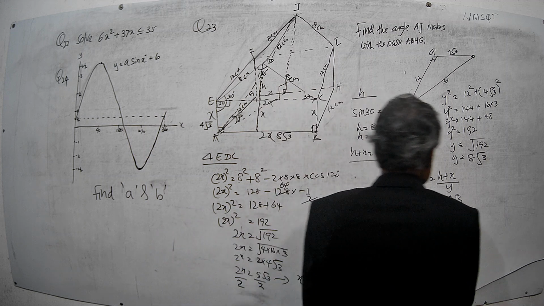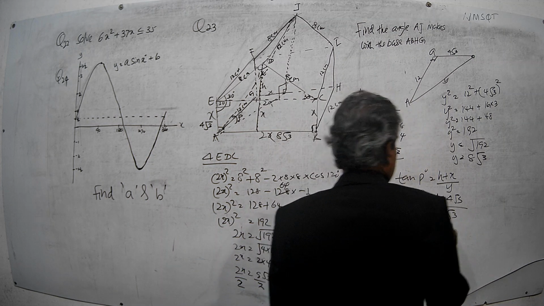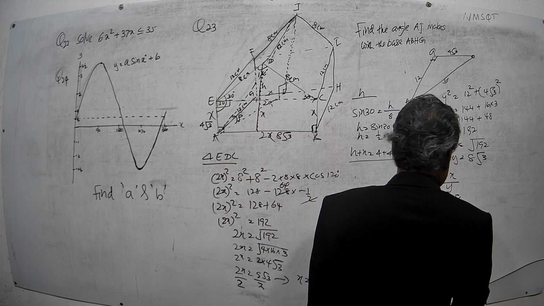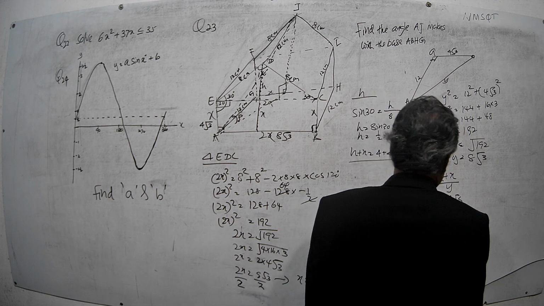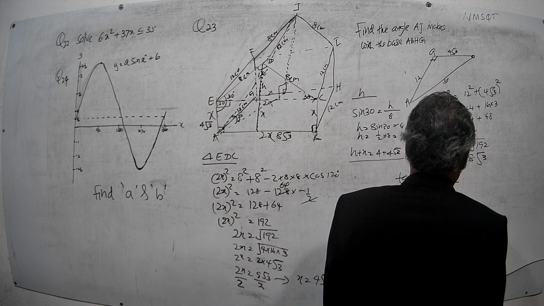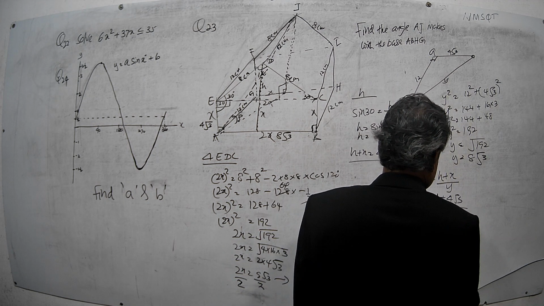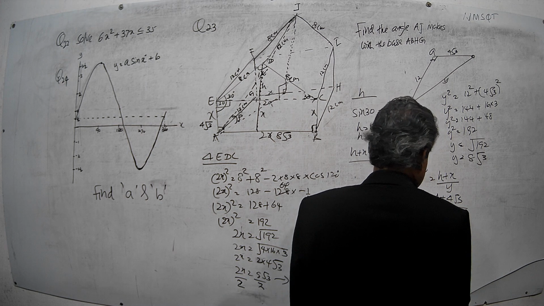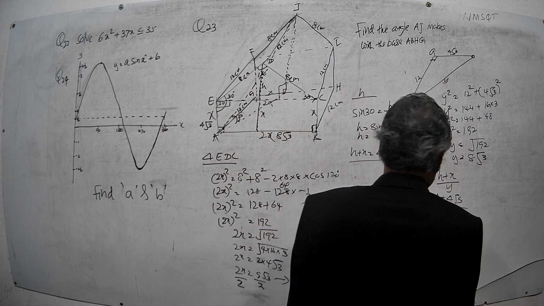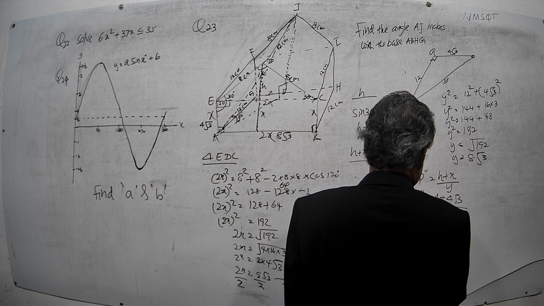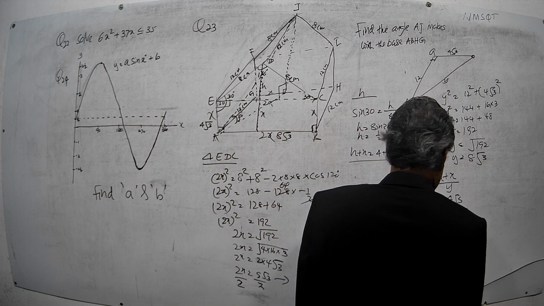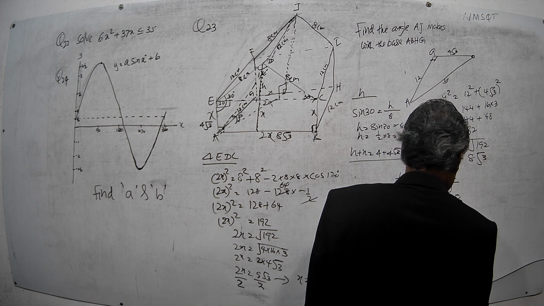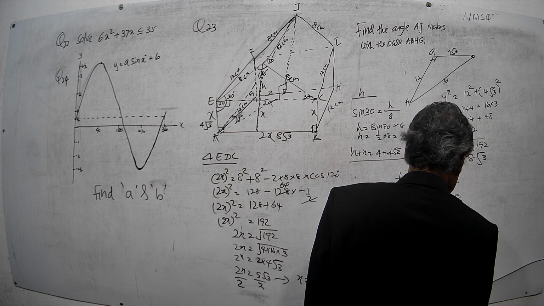Then we can do a little simplification here. 4 can be taken out, that is 1 plus square root 3 over 8, then you can cancel 4 times 1, 4 times 2. Here you get tan P equals 1 plus square root 3 over 2 square root 3.